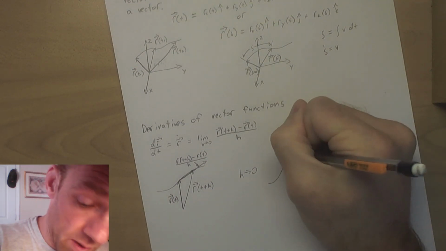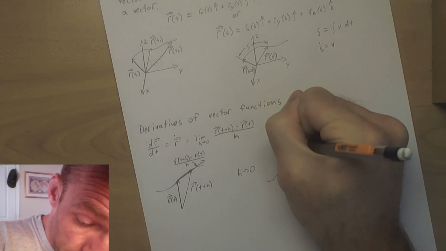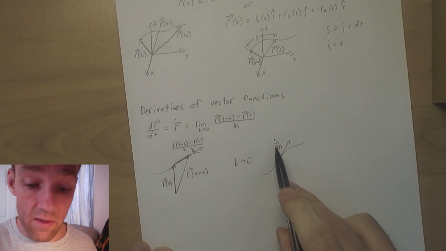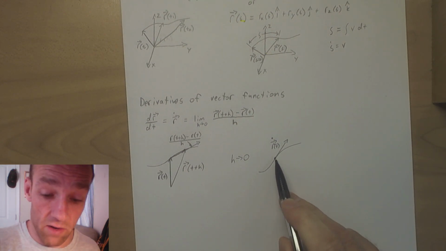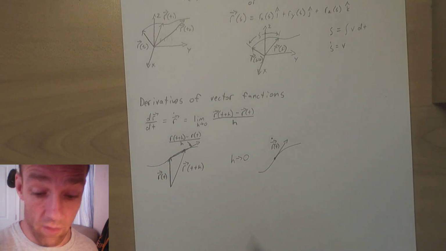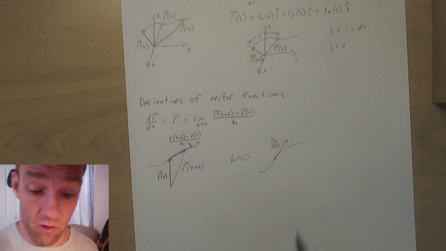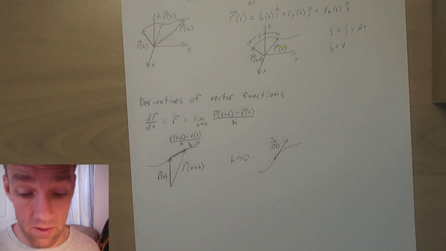Okay, so at time t, this would be the time derivative of the position vector. It becomes the tangent vector of the curve. It becomes a vector that's tangent to the curve at time equals t and at position r of t.